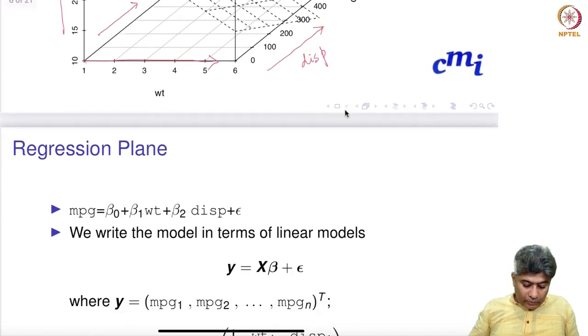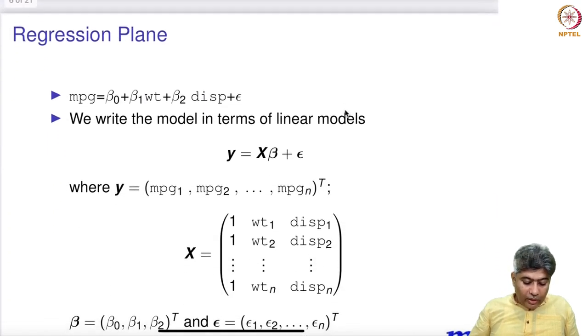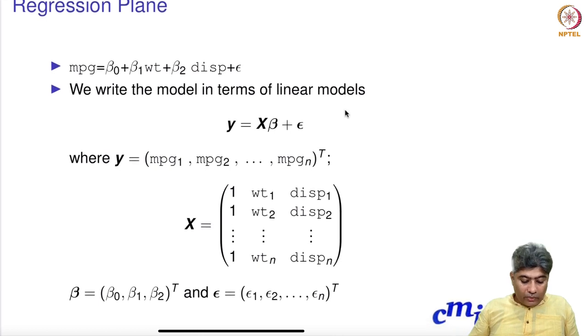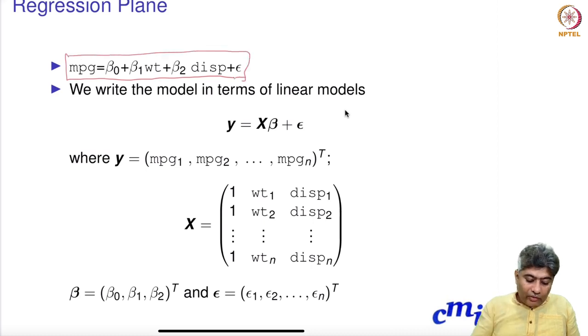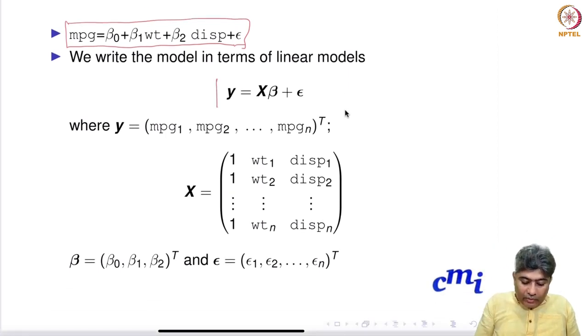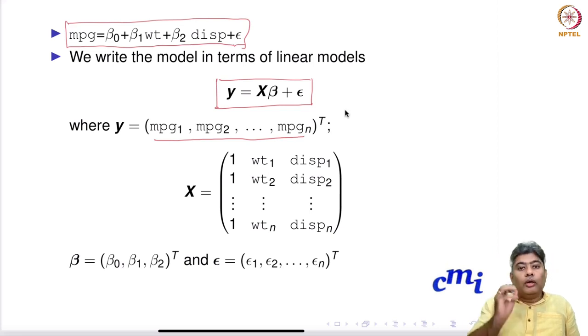Next, how can we write it in matrix notation? If we write this model in matrix notation, that will clarify our concept more clearly. We can write it as y equals X beta plus epsilon. y is as usual the miles per gallon vector of dimension n, and this is the design matrix.